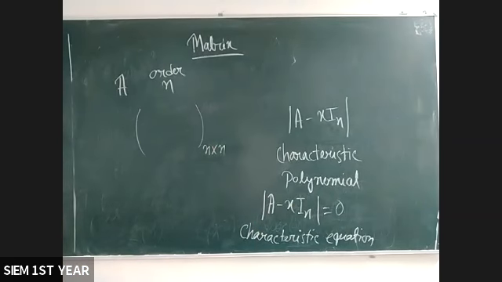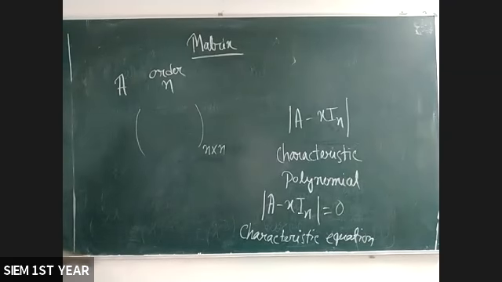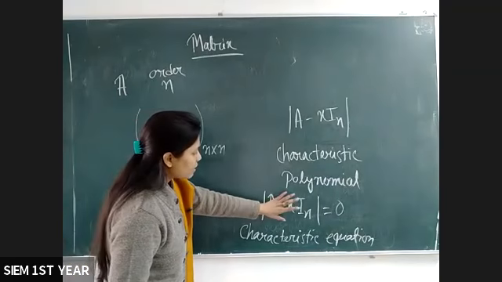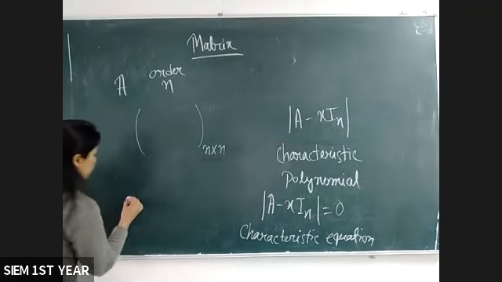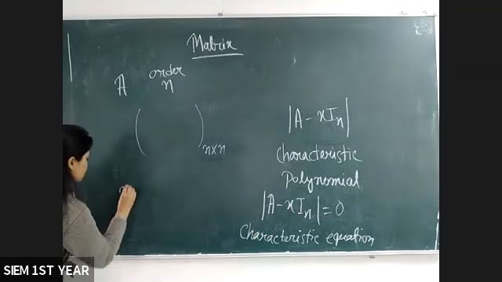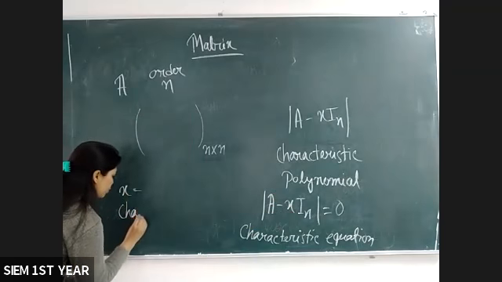Next, if you solve the equation, you obviously get some roots. These roots will be called characteristic roots. If you solve the equation determinant of A minus lambda I n equals 0, you get some roots. These roots are called characteristic roots.